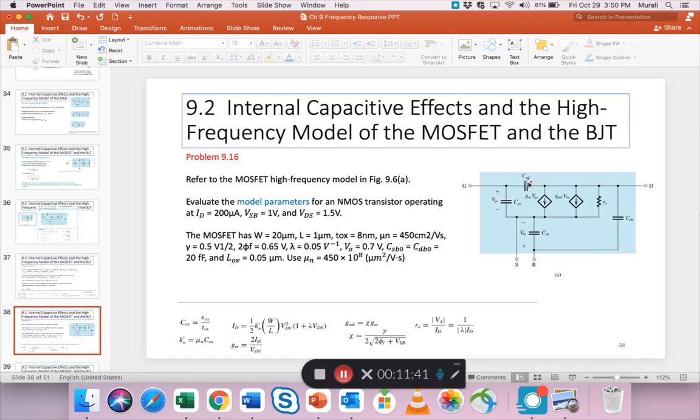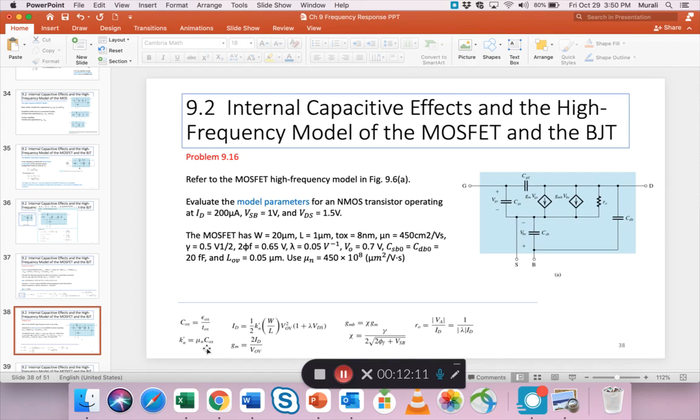So the four capacitances 1, 2, 3, 4, GM, RO, yeah, VGS, VBS, and so on, right? Okay. So again, here's the collection of formulas starting with COX, Kn prime.